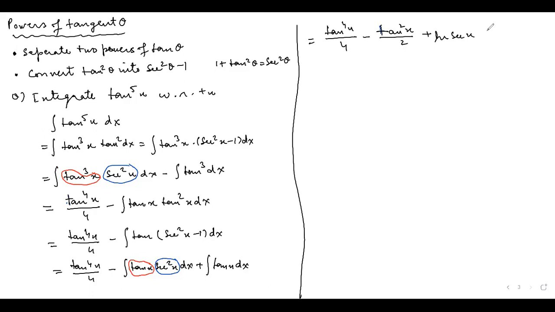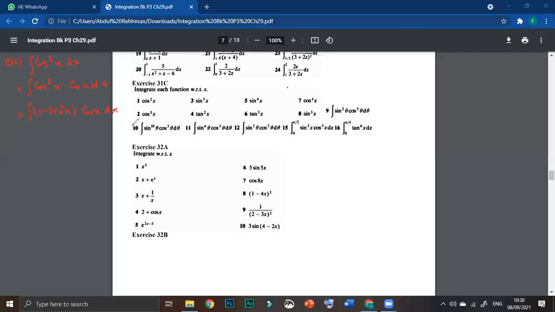This is the integration of odd or even power of theta. Now we will attempt some questions. Question number 2 is cos cube x. Integrate this expression with respect to x. So we will write integral cos cube x dx.